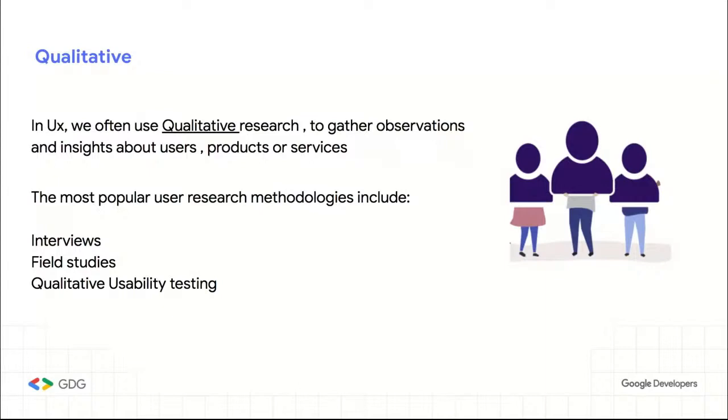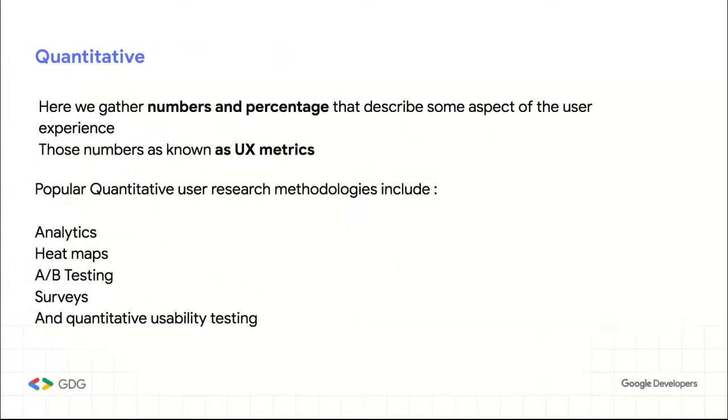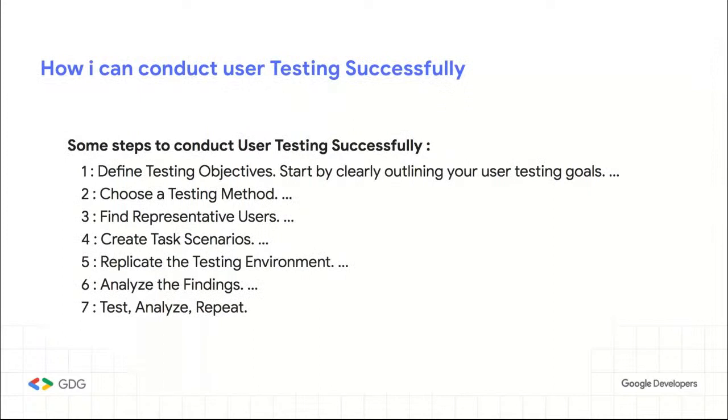When you first put your testing objectives and start by outlining your user testing goals, this slide is very important and it can tell you how to conduct your user testing successfully. And believe me, you have to try it 1, 2, 3 times. It will succeed.